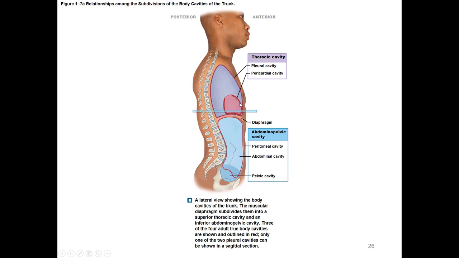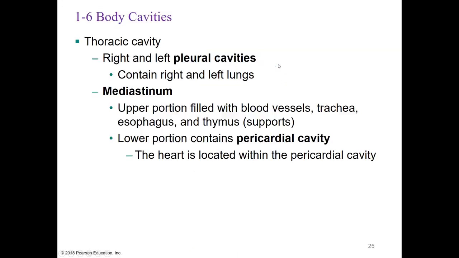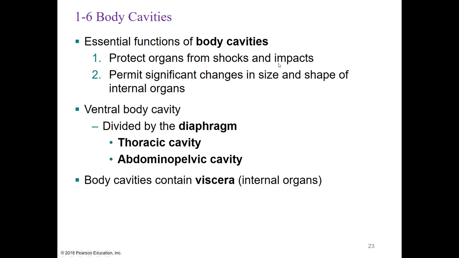And the pericardial cavity here is going to contain the heart. So pleural cavity and pericardial cavity together make up the thoracic cavity. Okay? We're going to go back and look at the abdominopelvic cavity as well in just a minute.